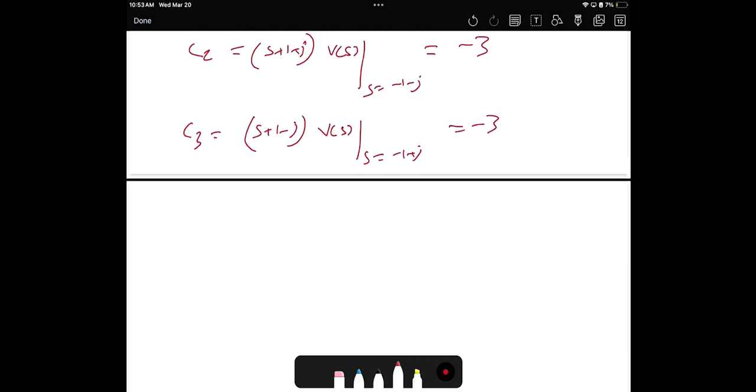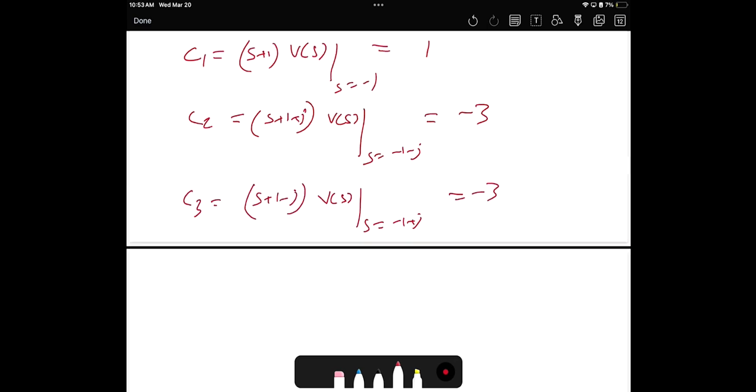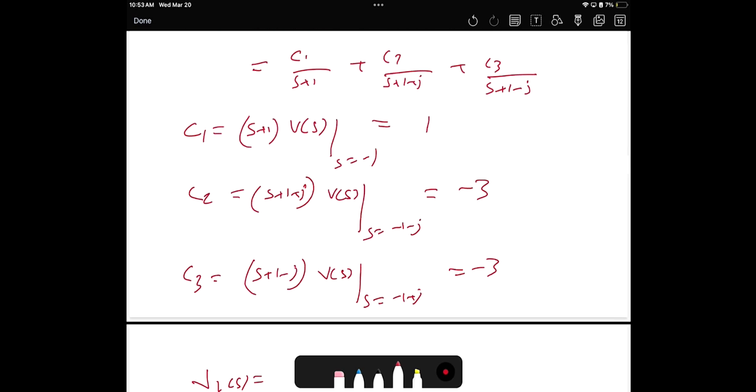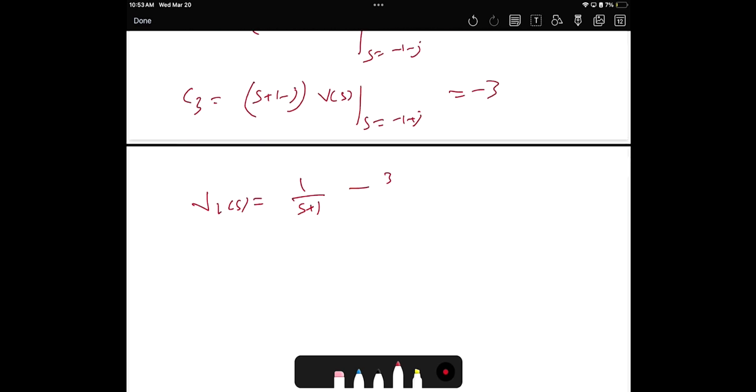So VL of S will be C1, which is 1 over S plus 1, then minus 3 over S plus 1 plus J, minus 3 over S plus 1 minus J.